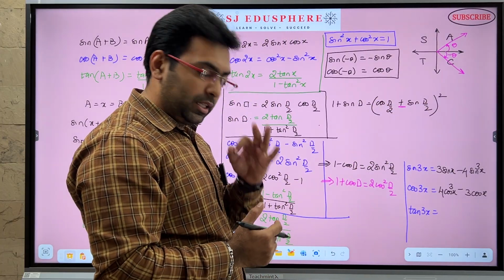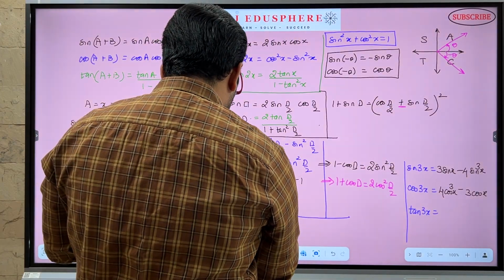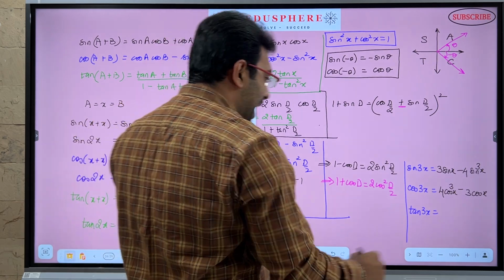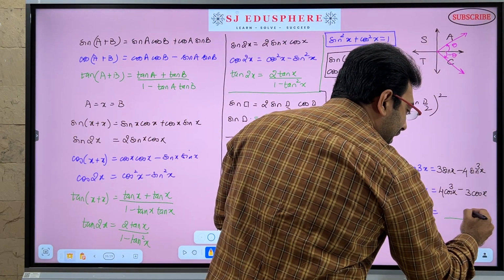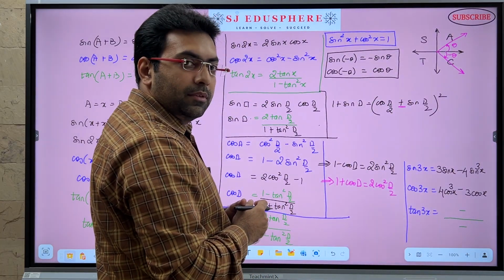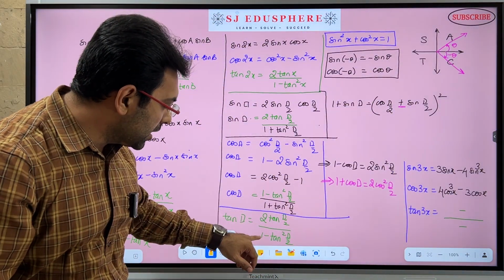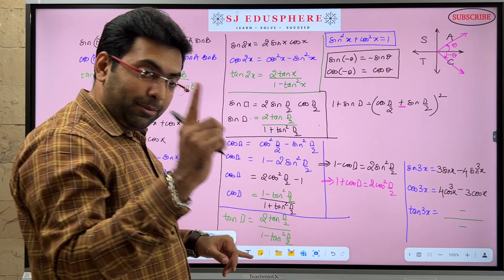4 ka power 3. For tan, can I say tan is actually sine upon cos? Sine is negative, cos is negative. In any of the tan formulas, we always have a 1 over here. Keep that in mind.